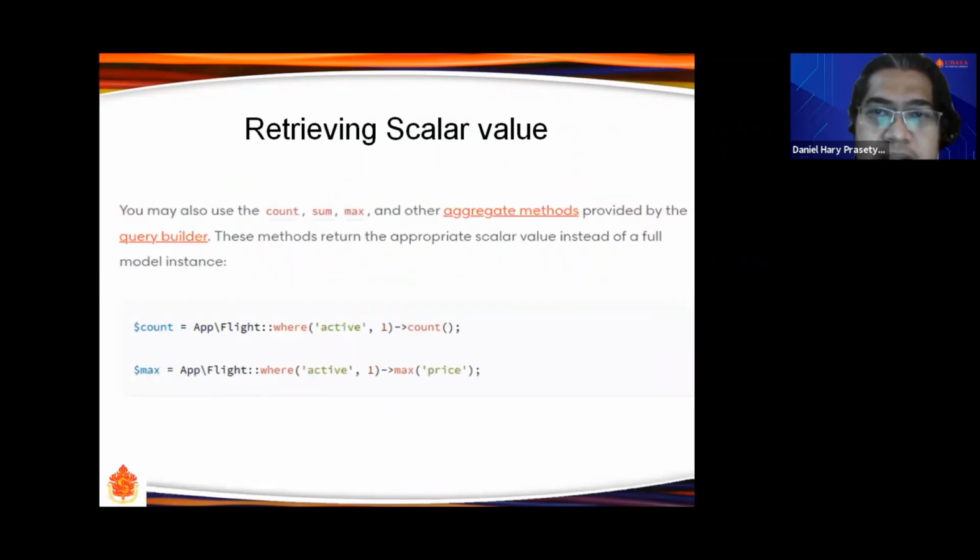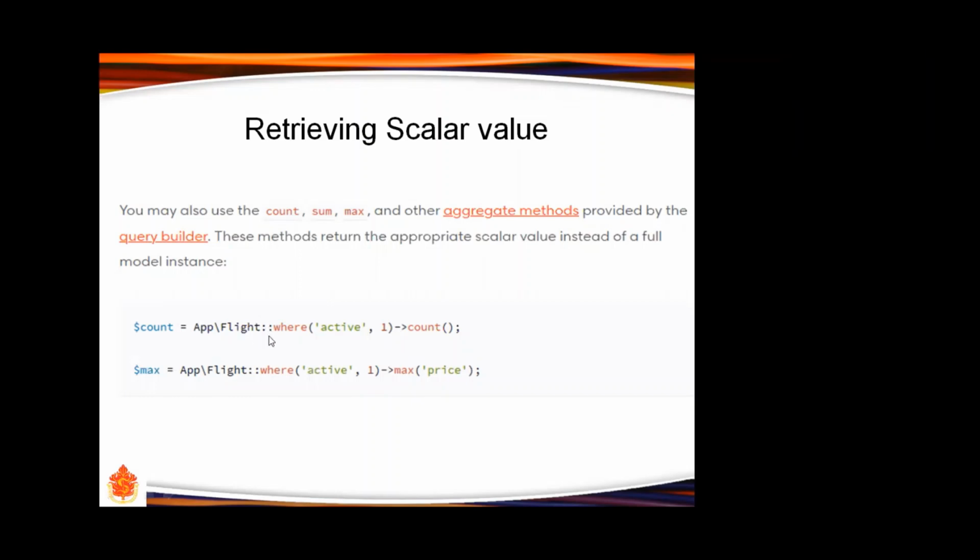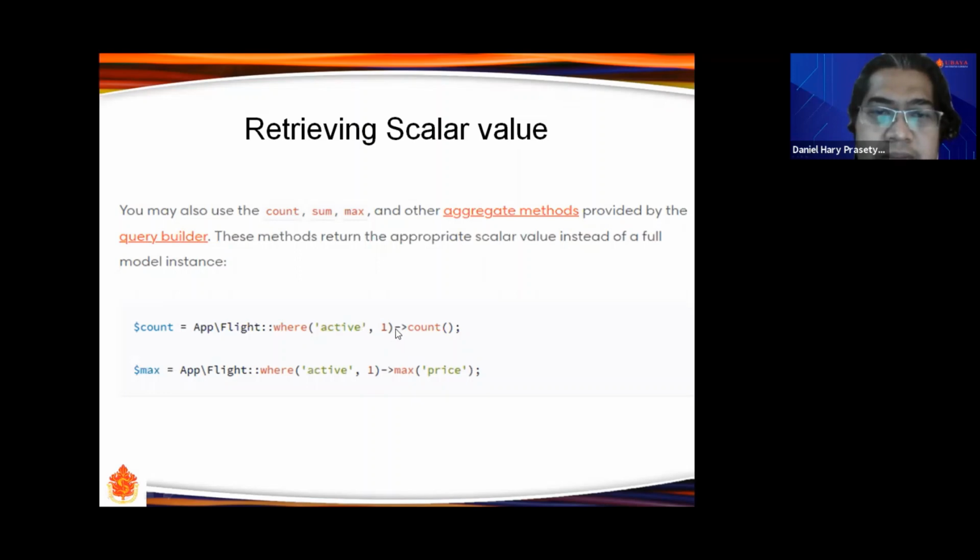We can get a scalar value also with count, max, combined with where also. This one means take the count of flights that are active.